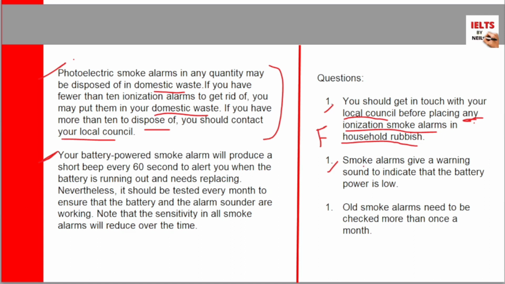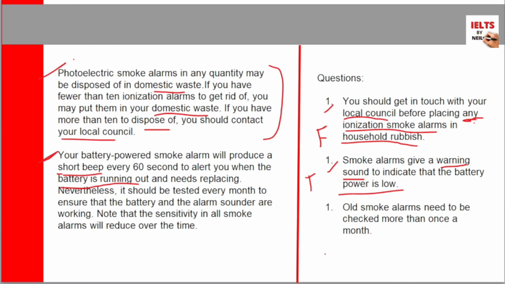So the question is saying that smoke alarms give a warning sound. This warning sound is similar to the short beep here. Your battery powered smoke alarm will produce a short beep. A short beep is a warning sound, and the purpose of the warning sound and the short beep is the same, that the battery is running out or battery power is low. So this is true according to the text.